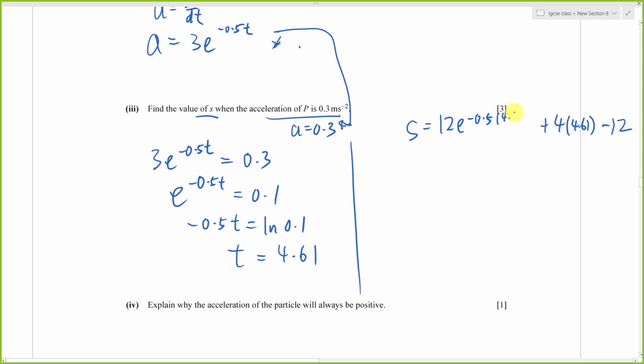Must write smaller a bit. Then you just type everything into the calculator. But how come this 3 mark needs to do so many things? Kind of weird. So I hope you will get 7.64.